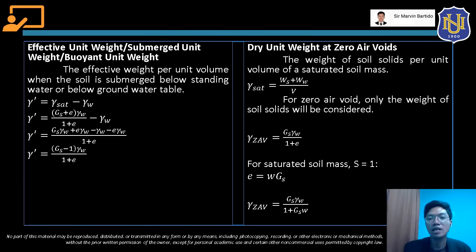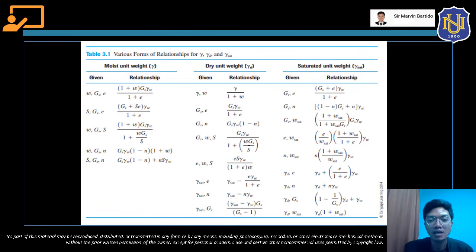Okay, ito na yung mga formula natin. Ayan. So class, these are various forms of relationships for gamma moist or yung unit weight lang mismo, and then yung gamma sat. Okay, so class, nandito, may mga nakalista dito na mga formulas kapag yung relationship is water content, specific gravity, tas void ratio.